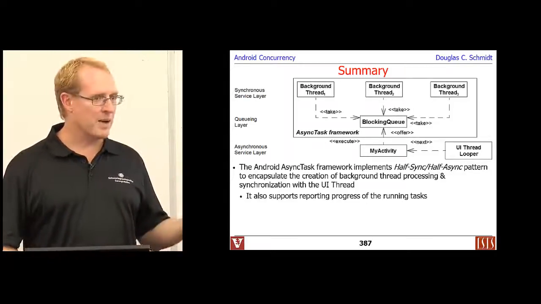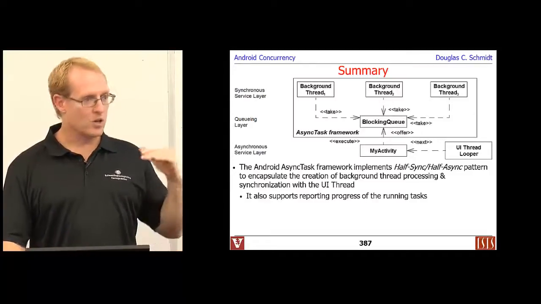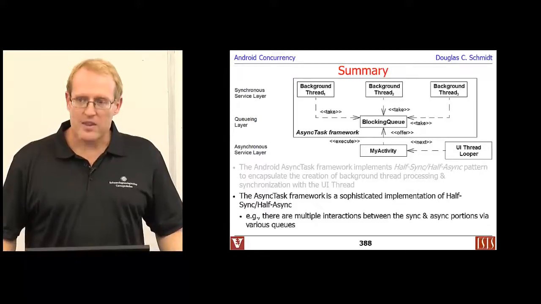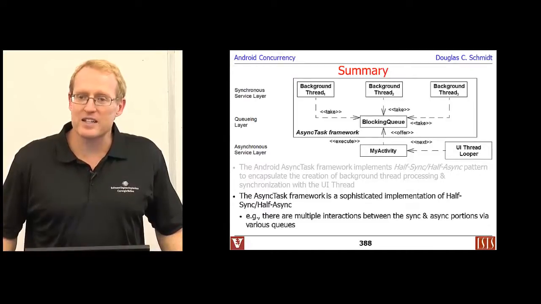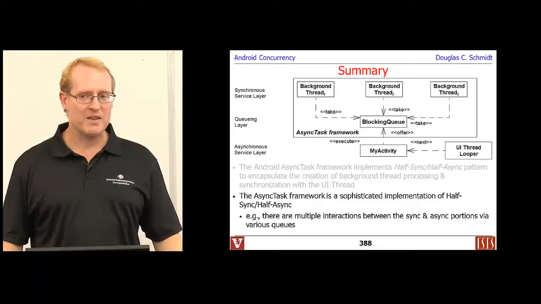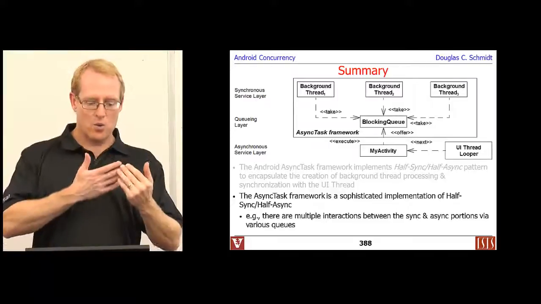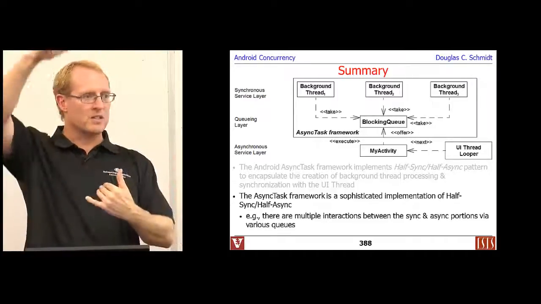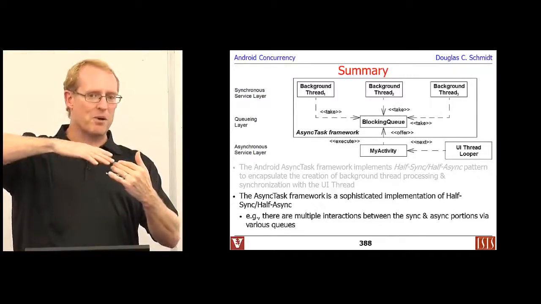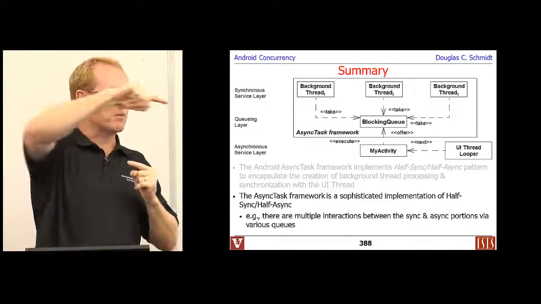So this encapsulates background thread processing and decouples it from the UI thread. You can also report progress. The AsyncTask framework is a very sophisticated implementation of the HalfSync/HalfAsync pattern. It's sophisticated because, unlike many instances of this pattern where data just flows from the bottom to the top, we have data flowing from one side to the other, and then there's also stuff coming back the other way.